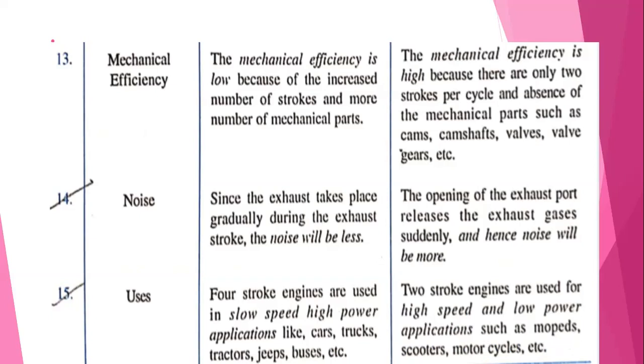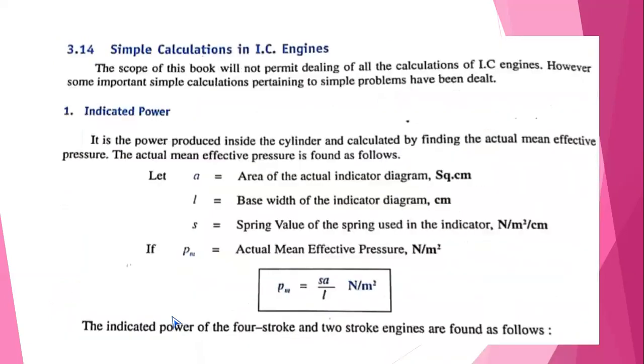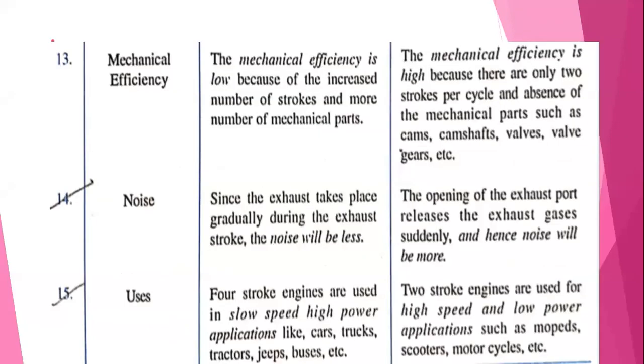So in the difference, you can write that two-stroke engines are used in scooters and bikes, but four-stroke engines are used in car, truck, jeep, and heavy vehicles. These are the 15 differences we have for the two-stroke engine and the four-stroke engine.